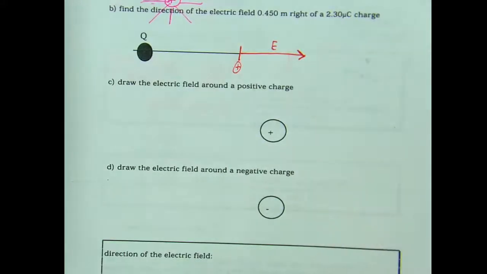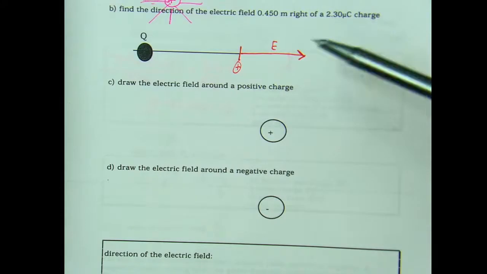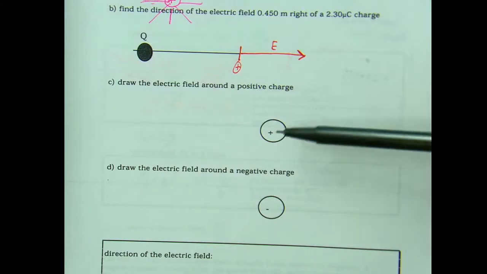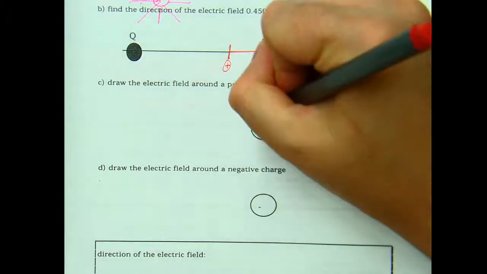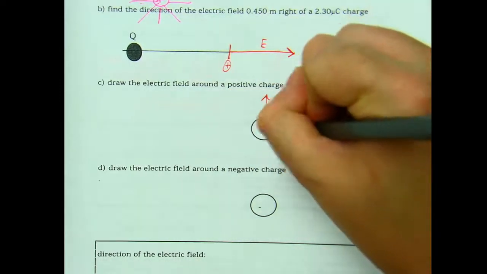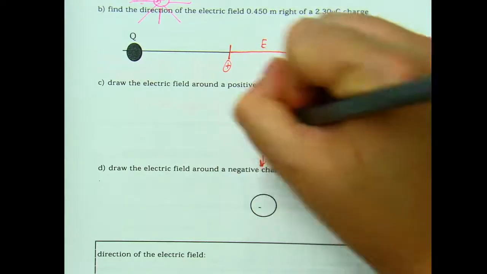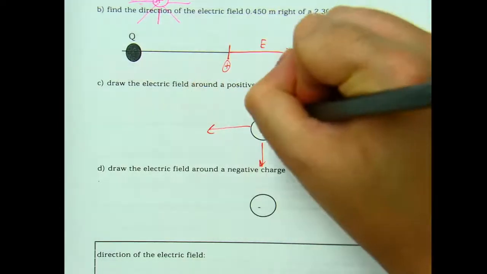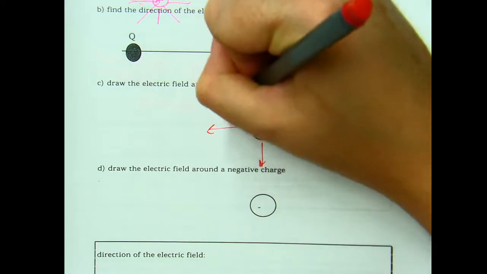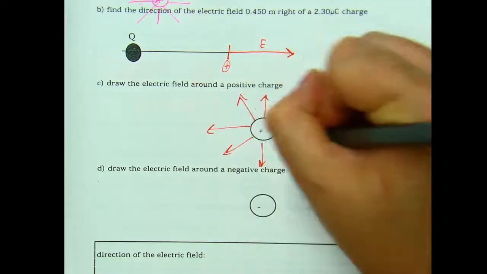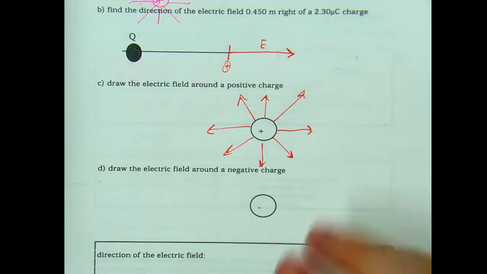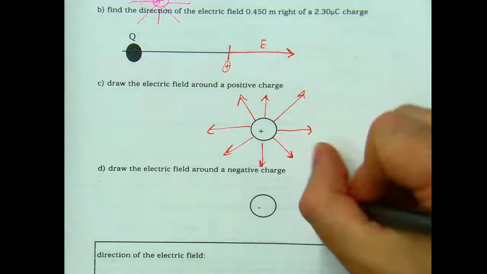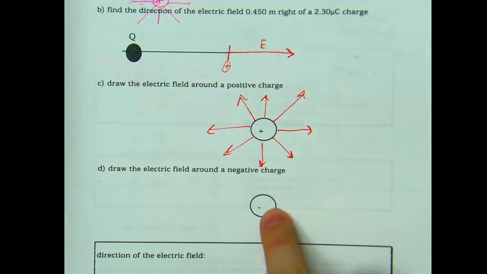So we can put this all together. If we put a positive test charge around an actual positive charge, it would be repelled in every direction. And so we can see that for a positive test charge, or for a positive charge, the electric field is always out. And it's got to be the opposite, right? If I put a positive test charge here, it's going to be attracted to that big negative.